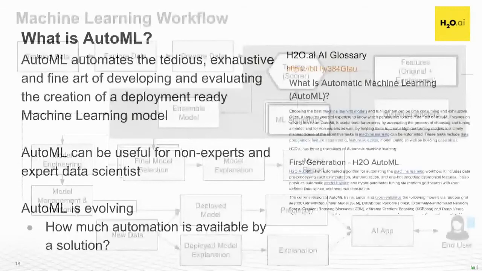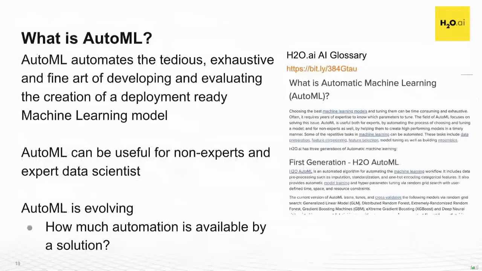So, the way I think of AutoML, it's about automating the tedious, exhaustive, and fine art of developing and evaluating the creation of a deployment-ready machine learning model, right? So, we just saw a high-level workflow, right?